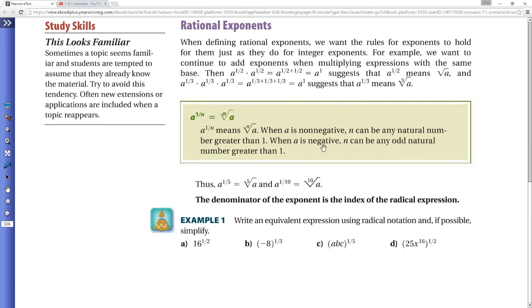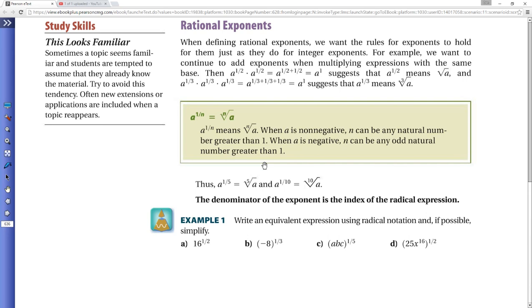When a is negative, this base is negative, the n can only be odd, or we end up with an issue where we have a non-real root. In other words, we don't have anything in the real number set that would give us a root in that case, unless it's odd.